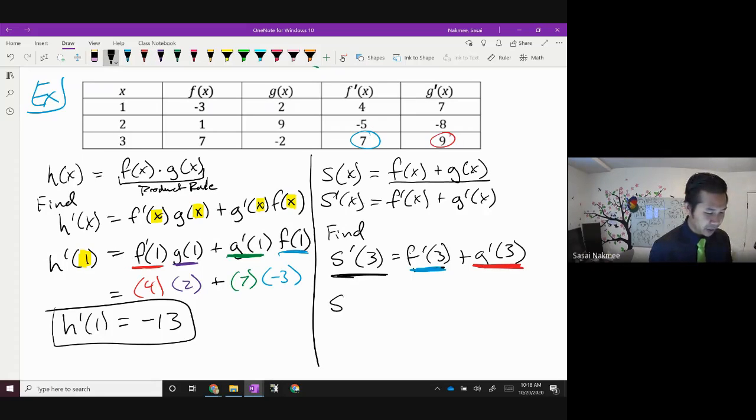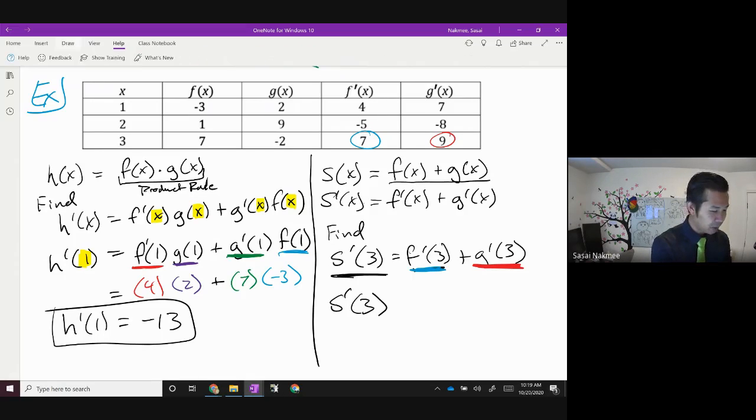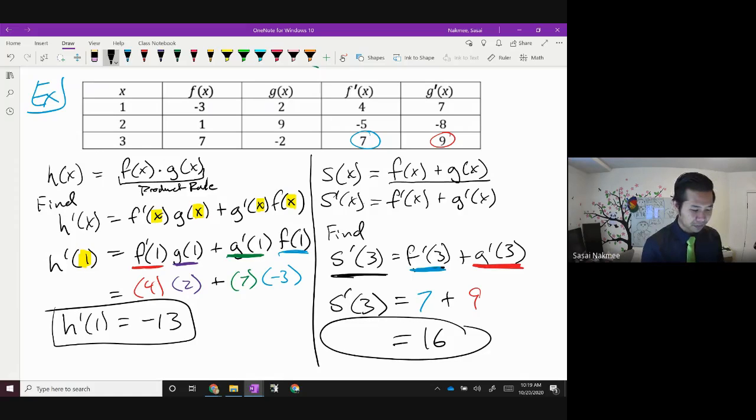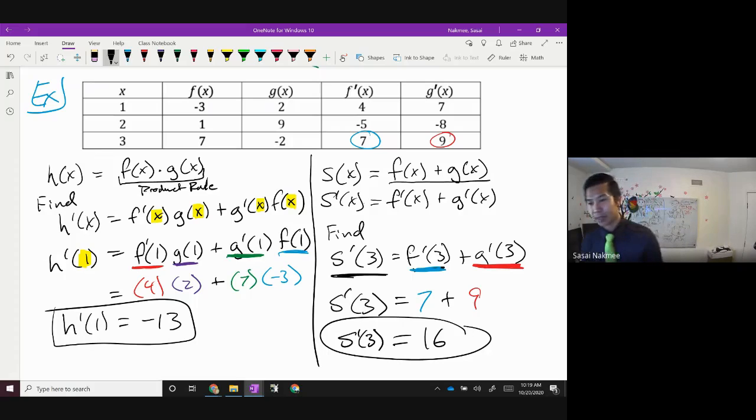How do I find the derivative of S evaluated at 3? I just plug those numbers in. So S prime of 3 equals F prime of 3, which is 7, plus G prime of 3, which is 9. So my derivative is equal to 16. And that's it. S prime evaluated at 3 is equal to 16.